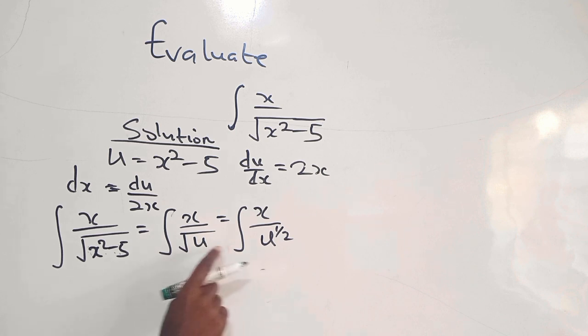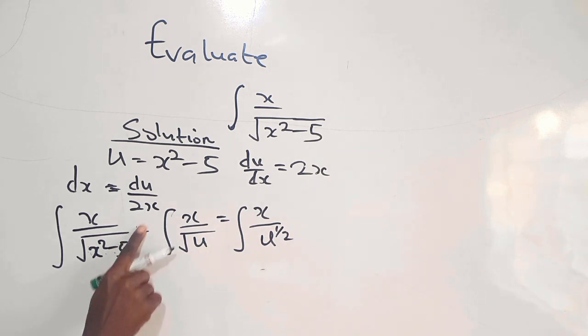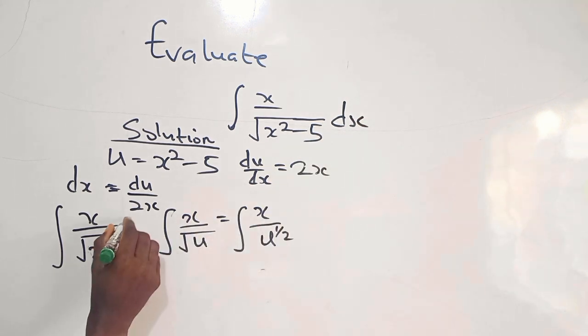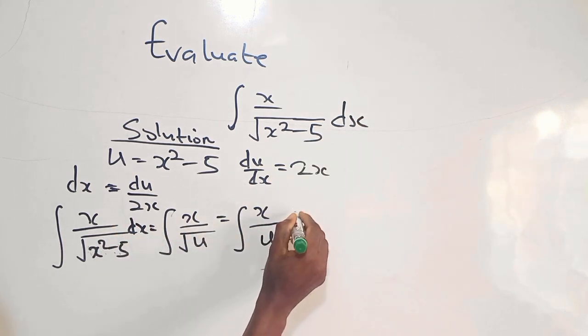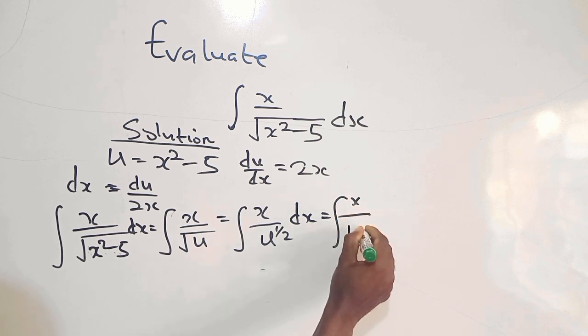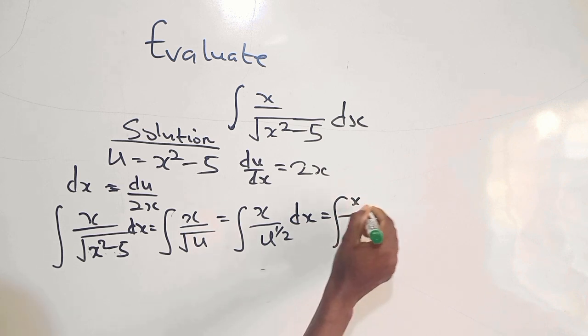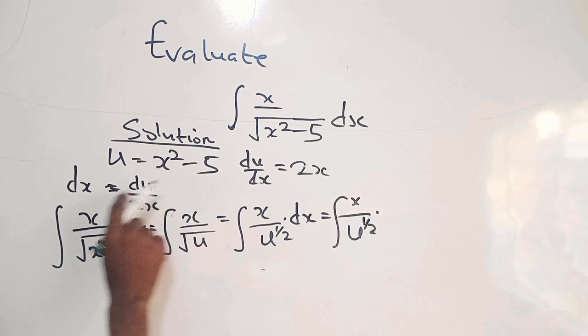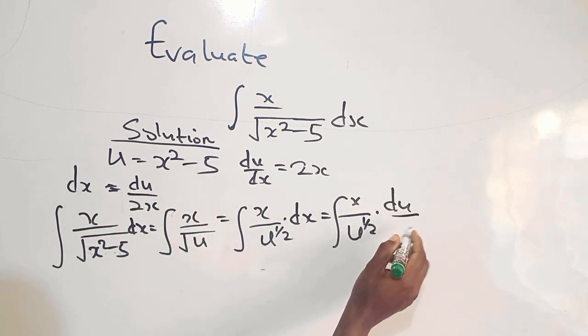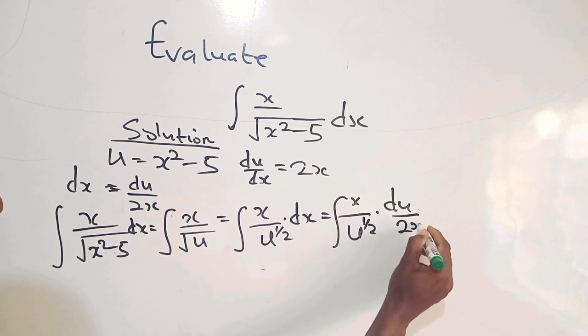Now, do not forget this comes with dx. So I have my integral of x over u raised to power half times my dx, which is du over 2x.